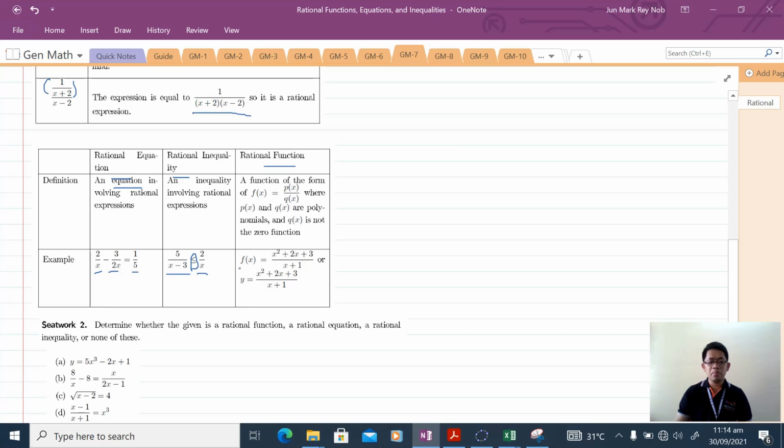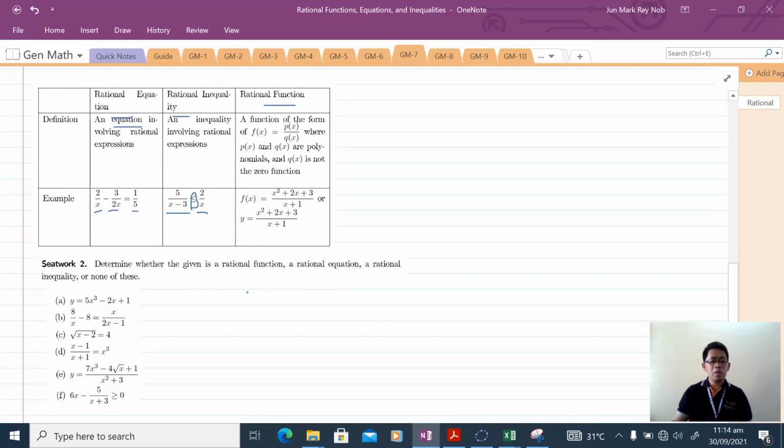So these are examples: f of x, or you can also write y. Determine whether the given is a rational function, rational equation, rational inequality, or none of these, meaning none of the three. We cannot classify them as a rational function, rational equation, or rational inequality.